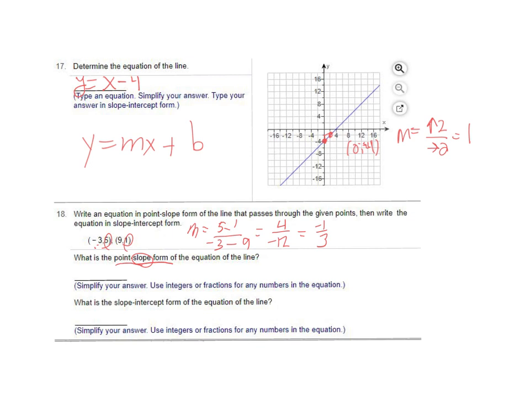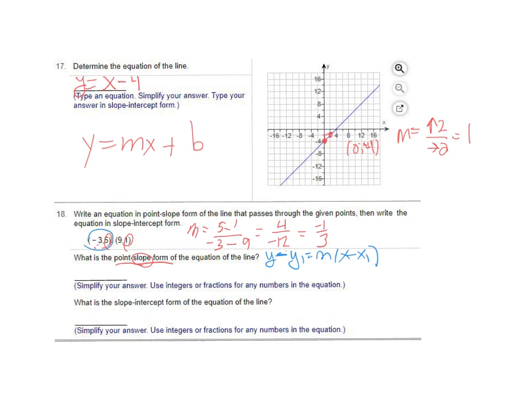And so now I have enough information to write the point-slope form. Remember that point-slope form is y minus y1 equals m times x minus x1. So you could actually have 2 answers for this.